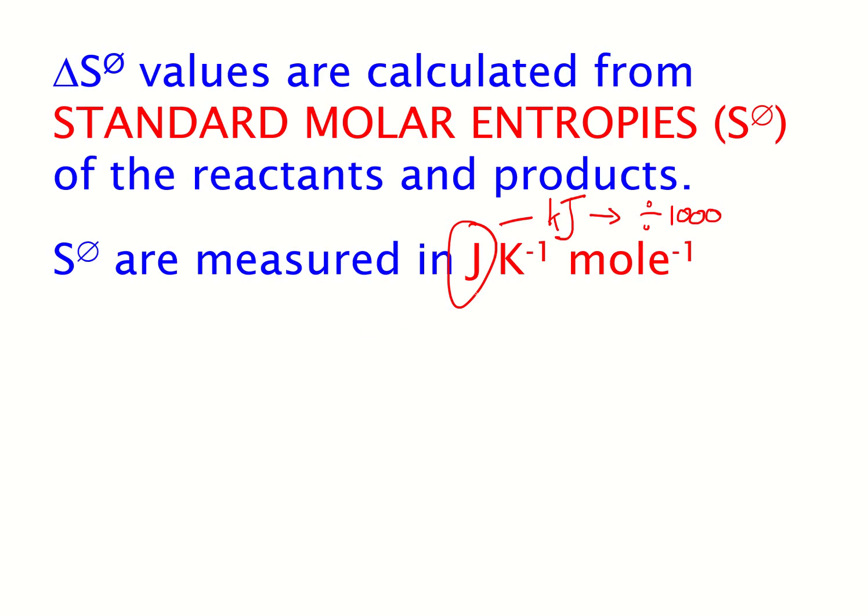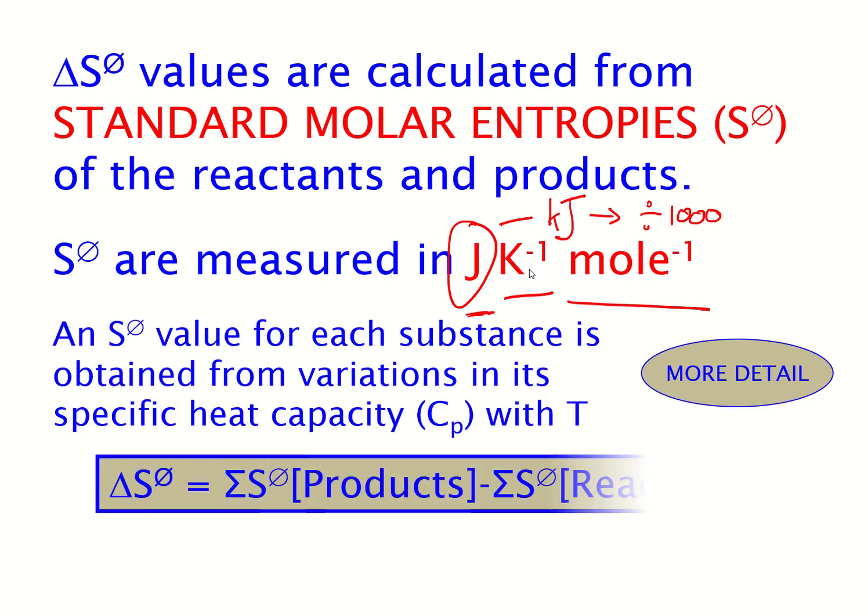So these are the units of entropy, and what they basically mean is how many joules, which is a unit of energy, are needed to raise 1 mole of a substance by 1 Kelvin, which is a temperature. Right, this is a really important formula at the bottom of the page. This is how you actually work out your delta S, your entropy change, and it is the sum of the entropy of all the products minus the sum of the entropy of all the reactants.